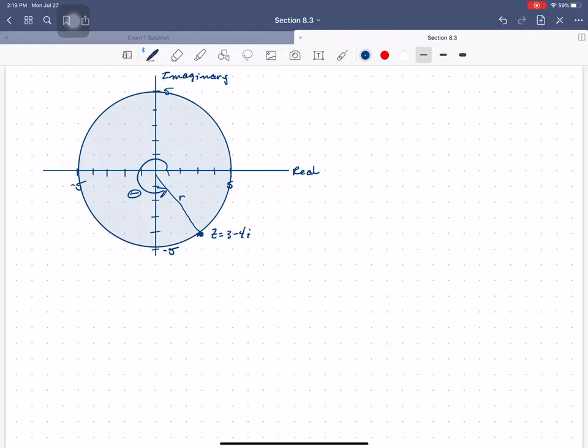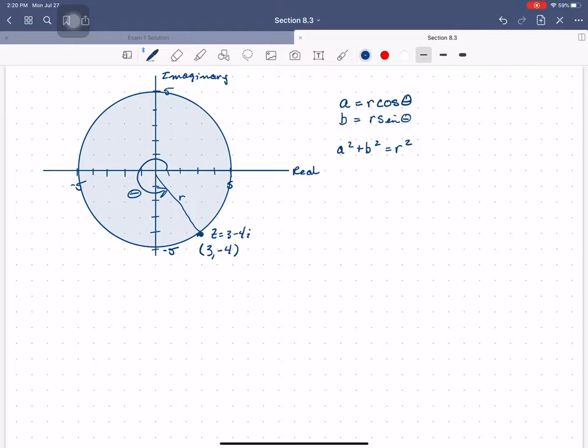And in fact, it turns out that we can indeed do this because if we think about the coordinates of this point, they're 3, -4. And so we know from our previous work that the x-coordinate, which is a, is equal to r cosine theta. And the y-coordinate, which is b, is equal to r sine theta. And we know that a squared plus b squared equals r squared.